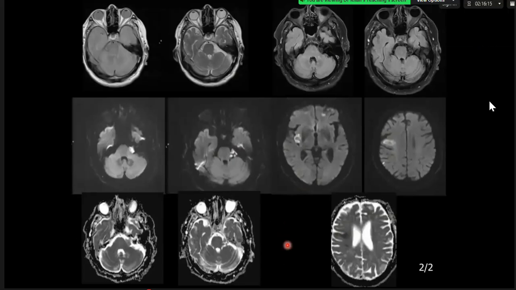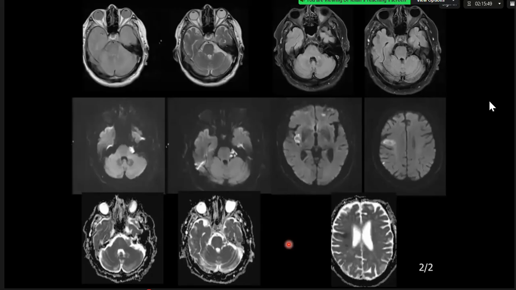Okay, so that's the multiple axial slices in the MRI sequences of the brain, in which I can see there is a high signal lesion involving the left cerebellopontine angle, which is causing the restricted diffusion on the diffusion images with the ADC mapping.